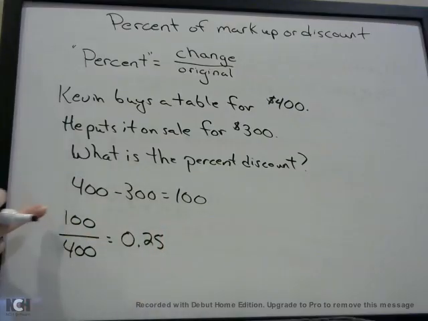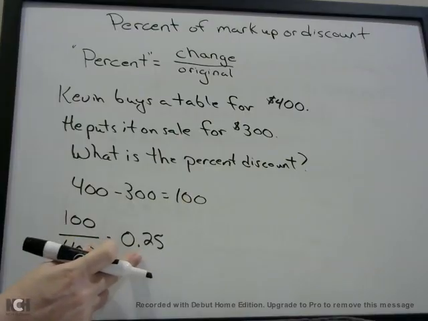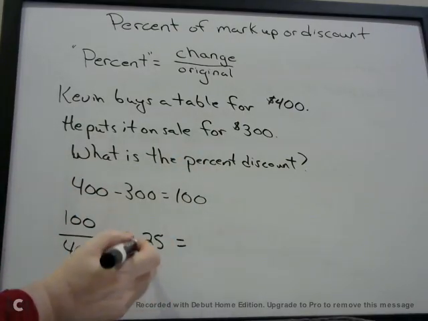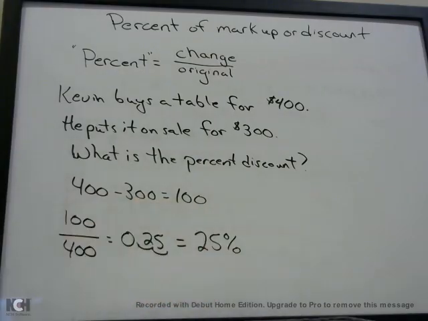You just stick that in your calculator. What's 100 divided by 400? 0.25. This is not the answer. You have to change this to a percentage. 1, 2, it's 25%. That is the percent discount. So two different types of problems, but they all kind of work together.